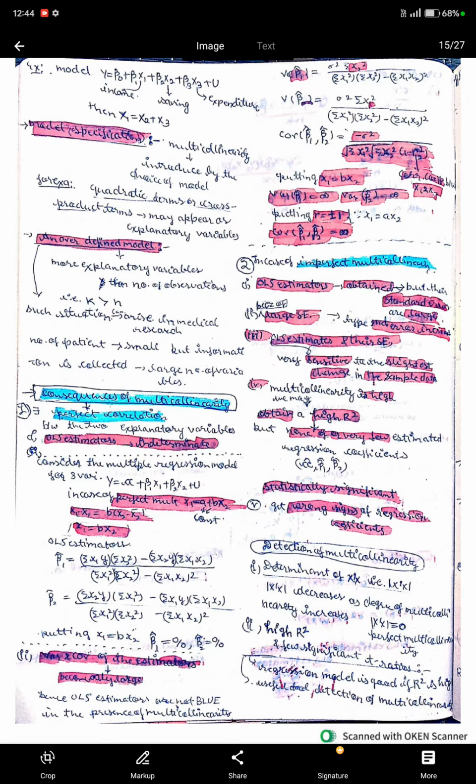x1 minus x1 bar equals b times x2 minus x2 bar. So small x1 equals b small x2.